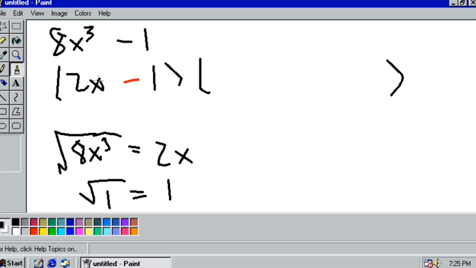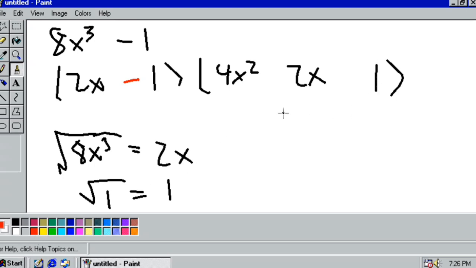So 2x squared is 4x squared, because 2 times 2 is 4, and x times x is x squared. Now multiply both of these terms. 2x times 1 is 2x. Now 1 times 1 is 1.